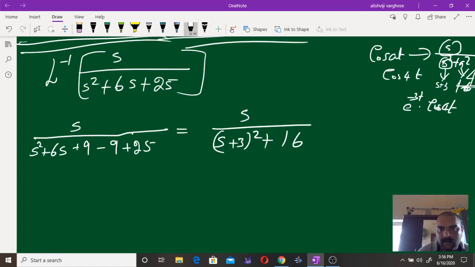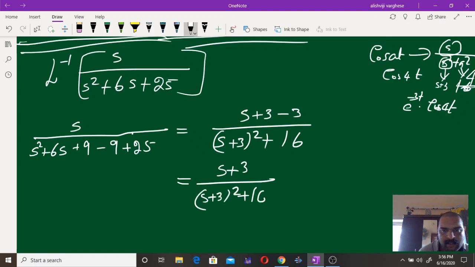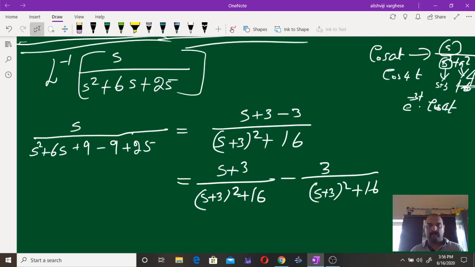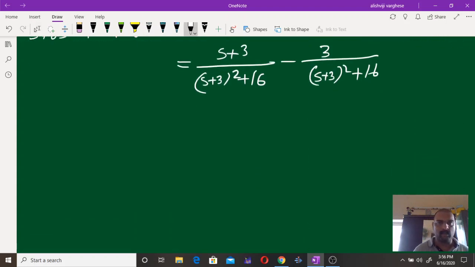So for that we just rewrite it like this: s plus 3 minus 3, and this is equal to s plus 3 divided by s plus 3 the whole square plus 16, then the remaining minus 3 by s plus 3 the whole square plus 16. This is equal to the first one, which is simply e raised to minus 3t into cos 4t.